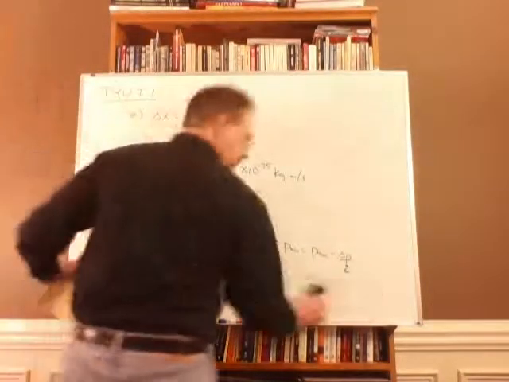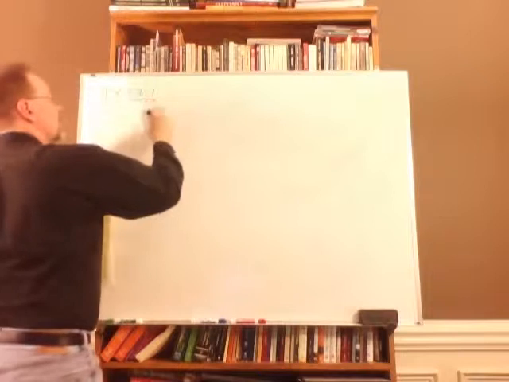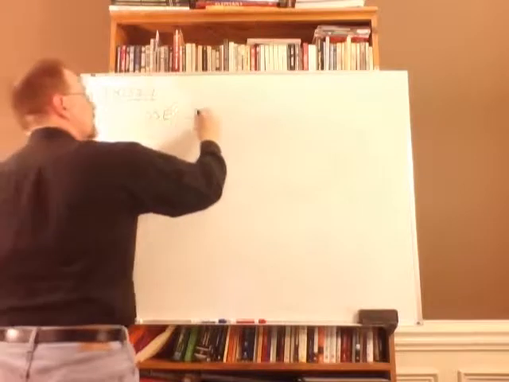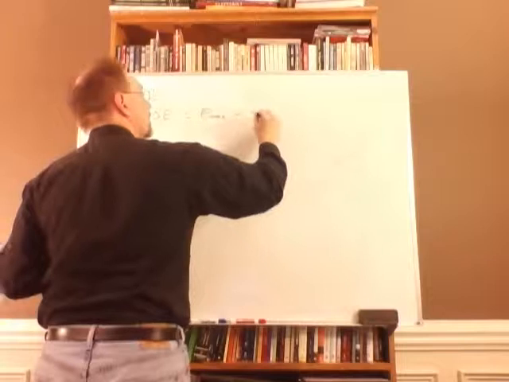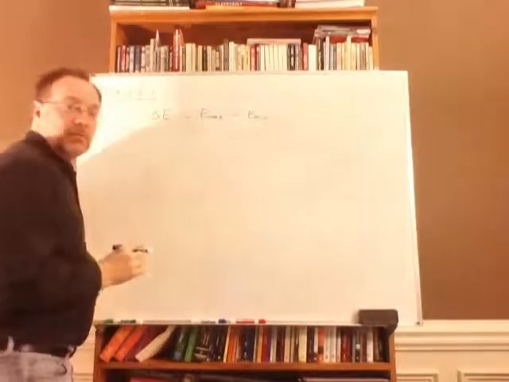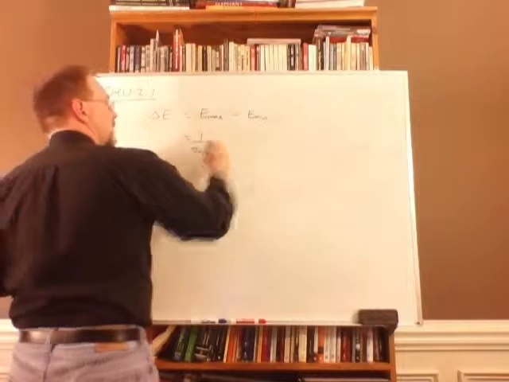So our uncertainty in kinetic energy, delta E, uncertainty in E, is E max minus E min. We know what those are in terms of momentum. And we could factor out a 1 over 2m.